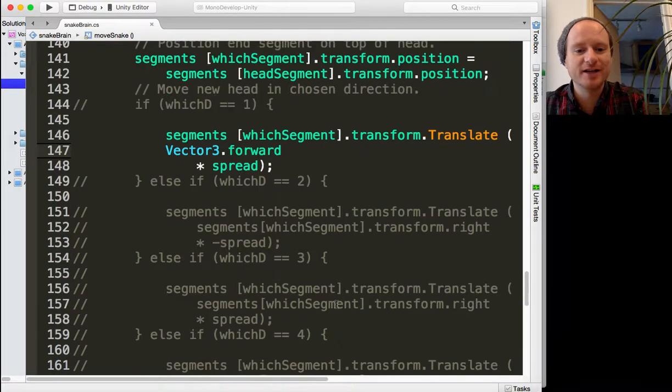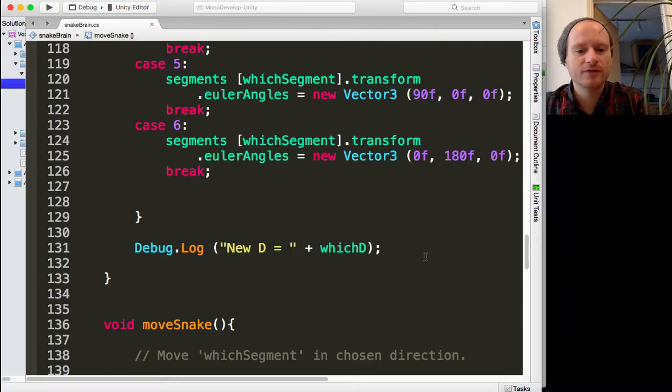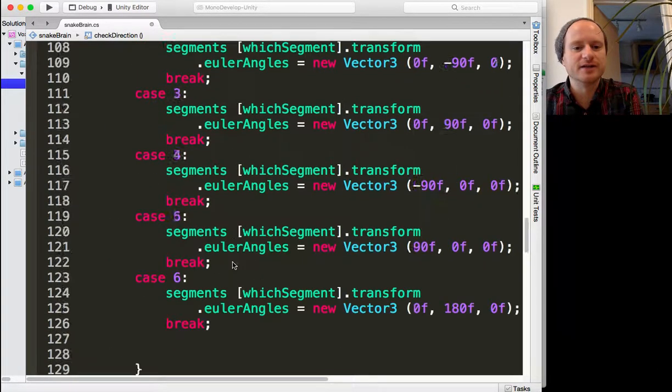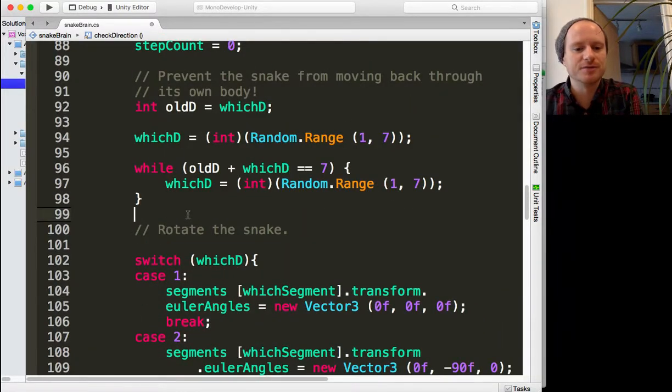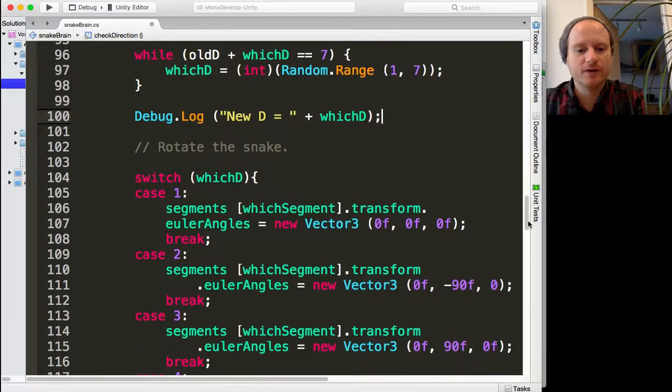Okay, so final change we need to make. After we've rotated our snake, I'll just put this debug log back up where it belongs.